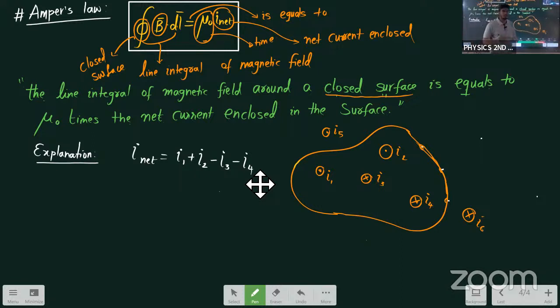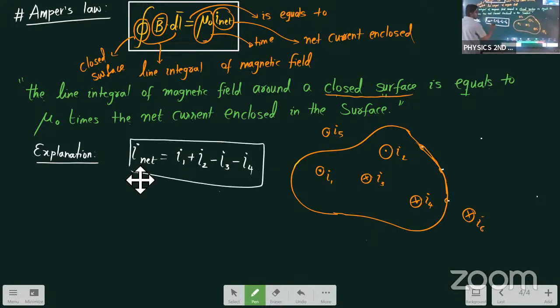Here I have considered the current which is coming outside as positive, and the current which is going inside as negative. In some books, you will find the current going inside as positive and the current coming outside as negative. Your wish, you can follow anything. So the net current through this closed surface is I net equals I1 plus I2 minus I3 minus I4.